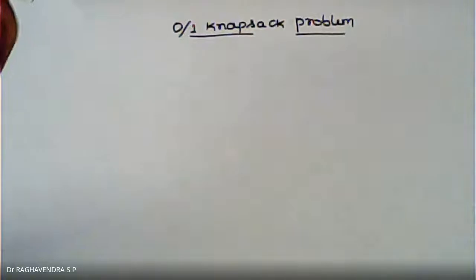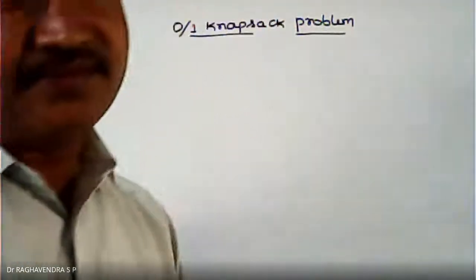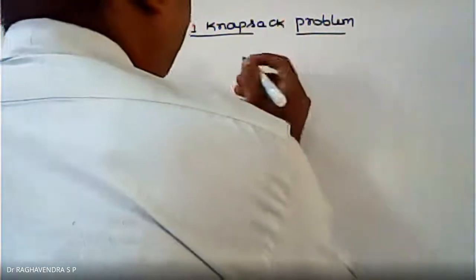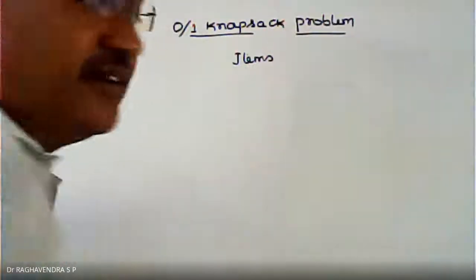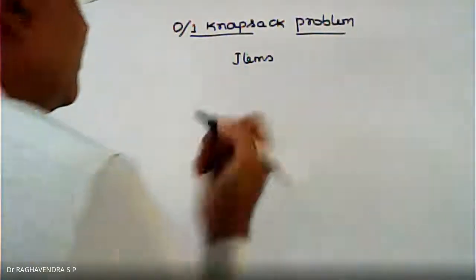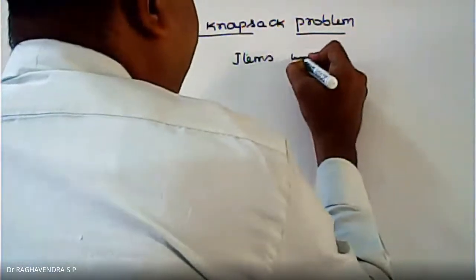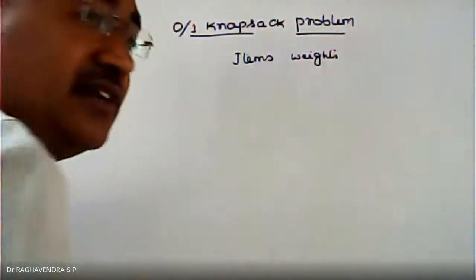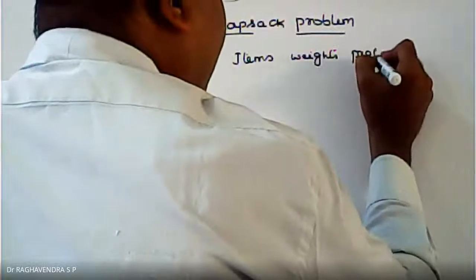So what does this 0/1 knapsack problem mean? Here we have some items. Every item has some weight, and these items have a profit as well.